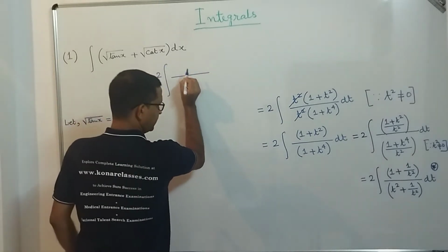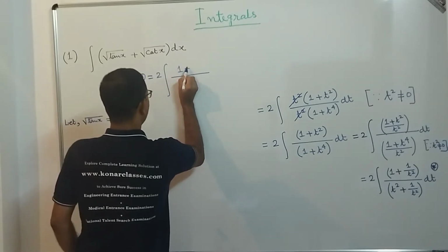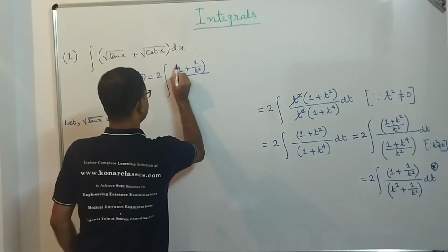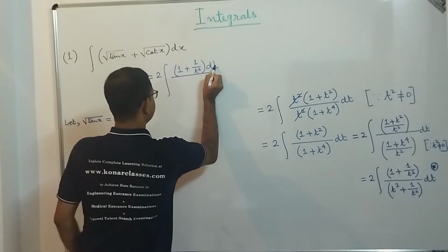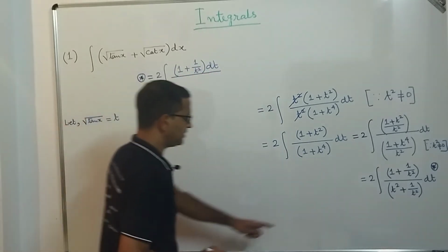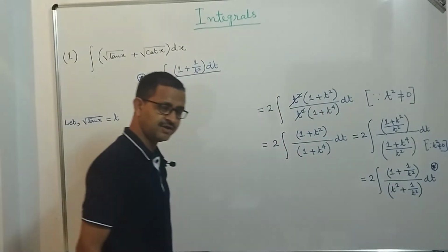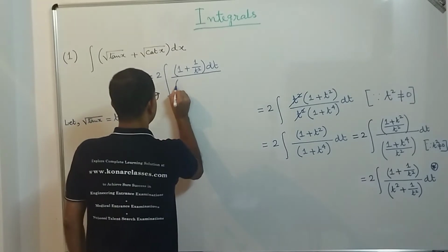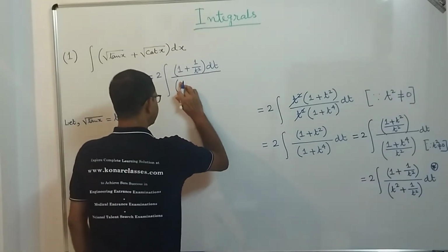In the numerator we get 1 plus 1 by t square into dt. In the denominator is t square plus 1 by t square. A square plus b square we can write as what, dear students? A minus b whole square.